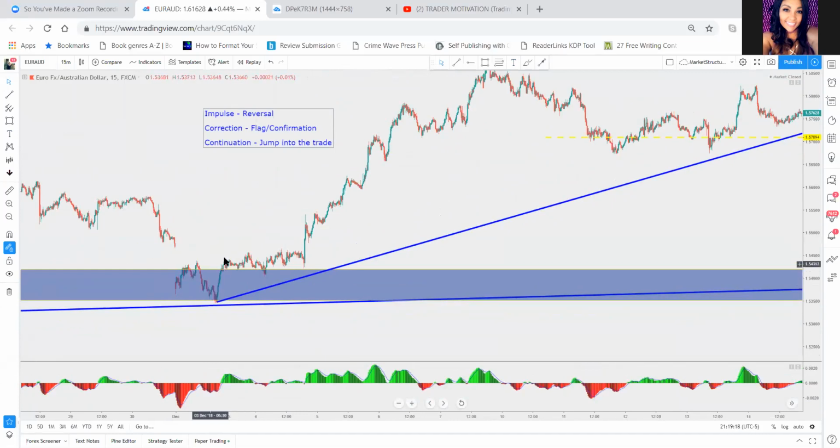After the impulse, you had a flag, or what we also call a correction. It breaks out of the flag and keeps making continuation, correction, continuation, and so on.